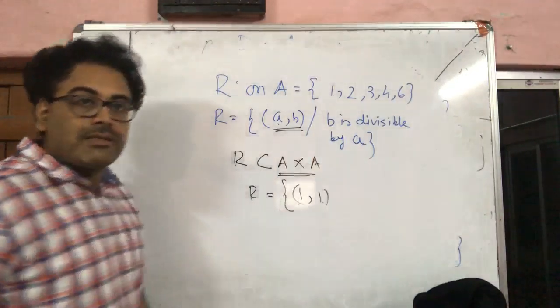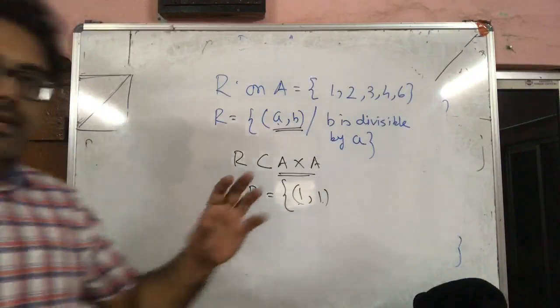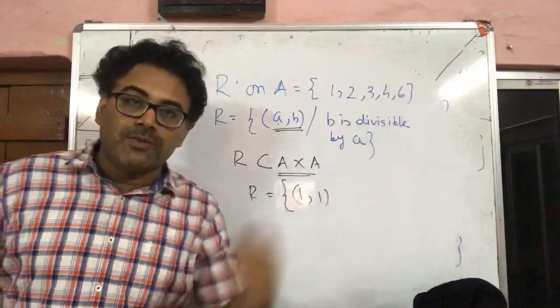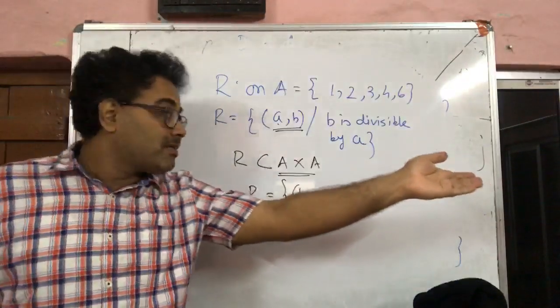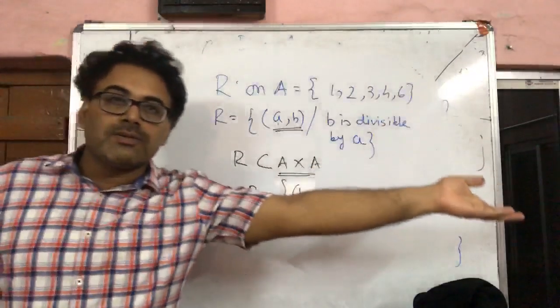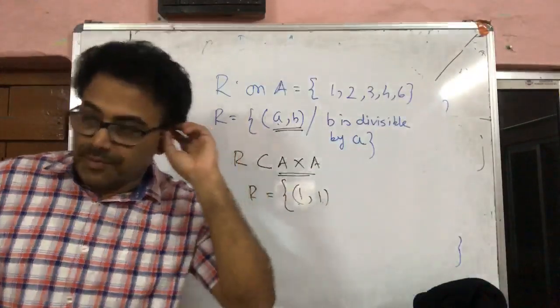In this way complete. Same set pairing is happening, 1 2 3 4 6 with 1 2 3 4 6. If the second one is divisible by the first one, then write a comma b.